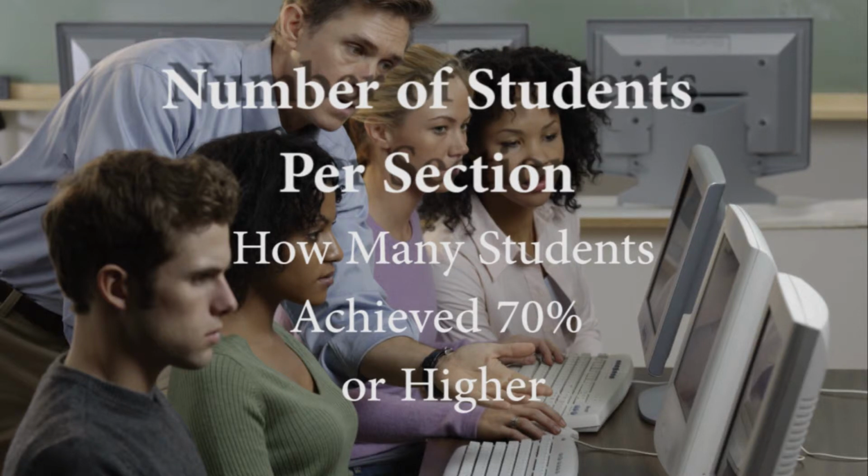So for instance, if you had 20 students in your class and 17 of them scored a 70% or higher, we would need to know that in your section, CIT 100.02, 17 out of 20 students achieved a score of 70% or higher.